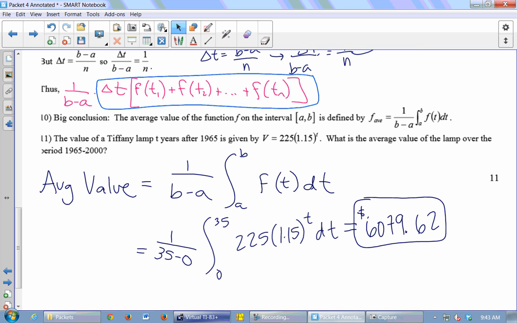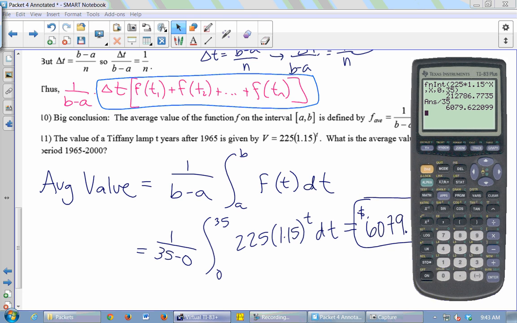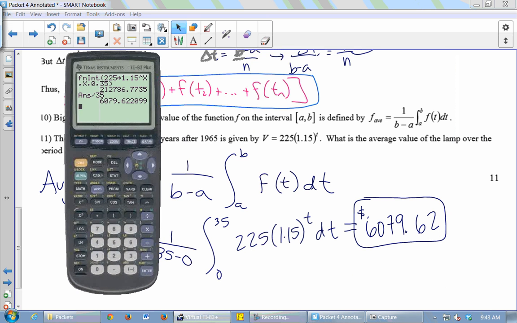So let's just think about whether or not that makes sense. What was the value of the lamp at time 0? 225. Just plug 0 into the value function, you get 225. Let's figure out the value of the lamp at time 35. If I let $225 grow exponentially at 15% for 35 years, the final value of the lamp is almost $30,000 at the end of the 35 years.